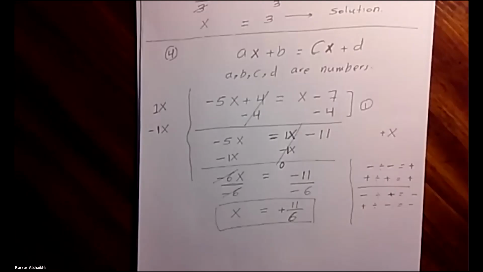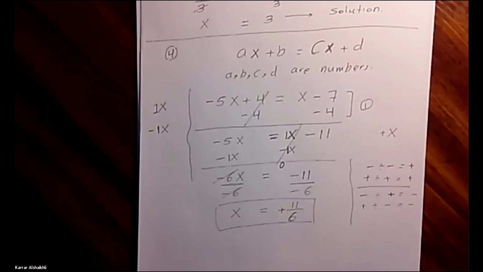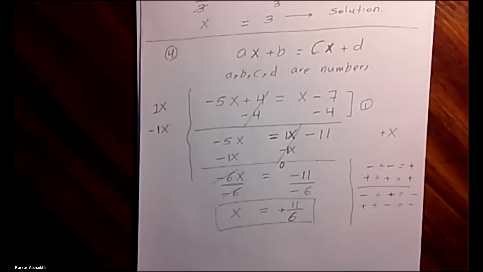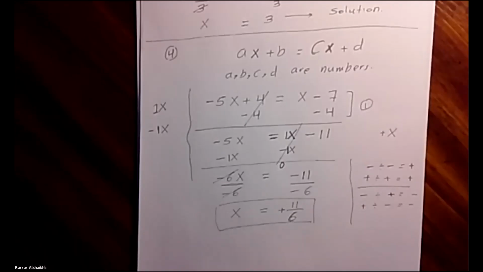Go ahead, divide it. Dividing negative 11 by negative 6 is going to be 5.5. It's because the calculator from the app just gave me negative 5. Oh yeah, so you have to fix it.